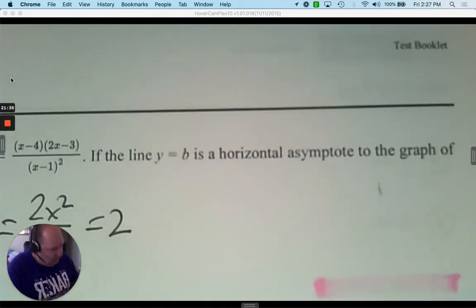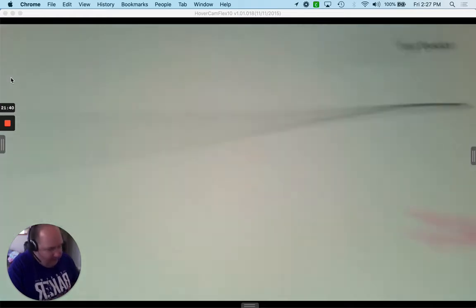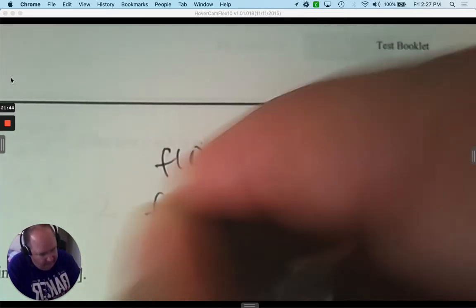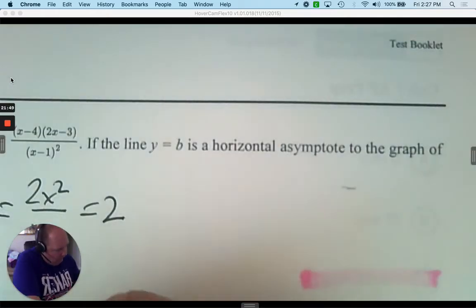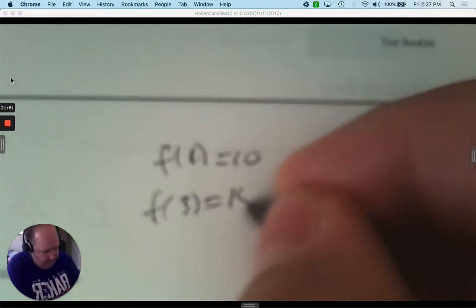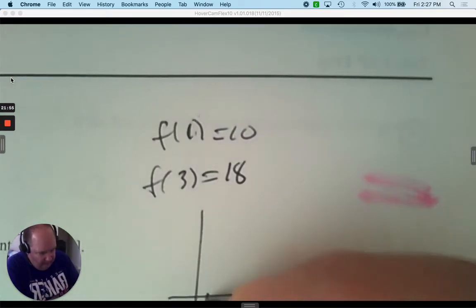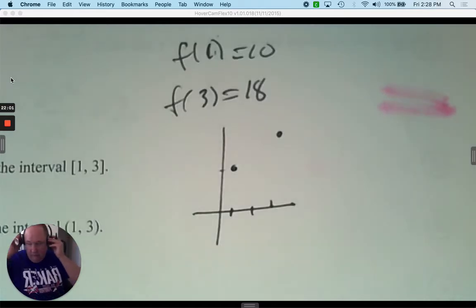So again, just so I can write down, f at 1 equals 10. f at 3 equals 18. So if I graph that, you kind of look like that. So f at 1 is 10, f at 3 is 18.